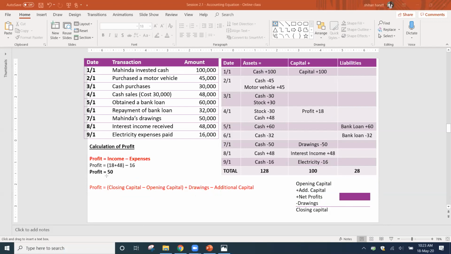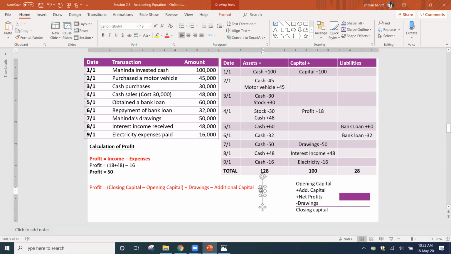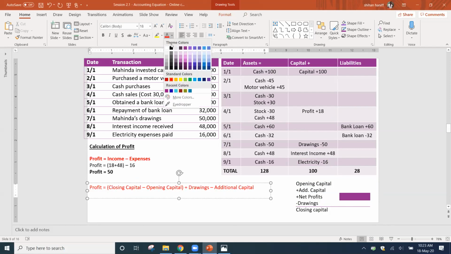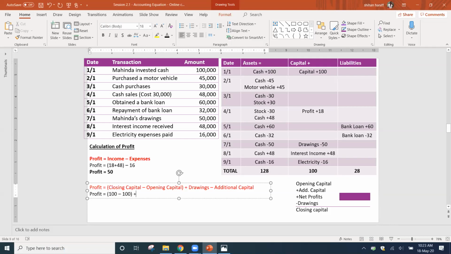Okay, now if we calculate the profit using the capital equation, then profit equals closing capital is 150 minus opening capital 100 plus drawings 50.